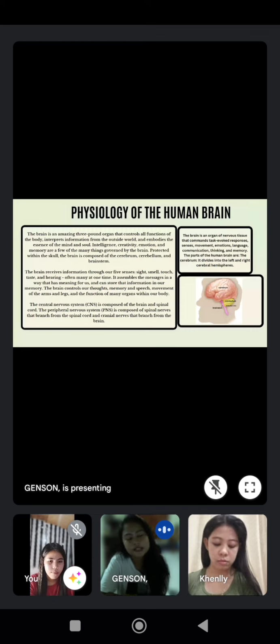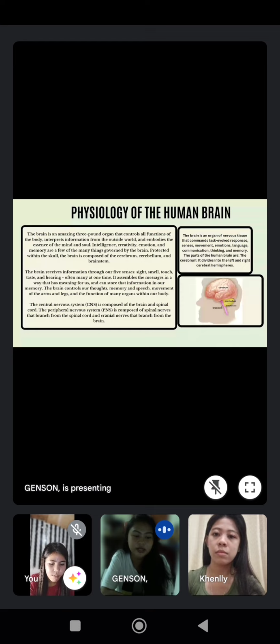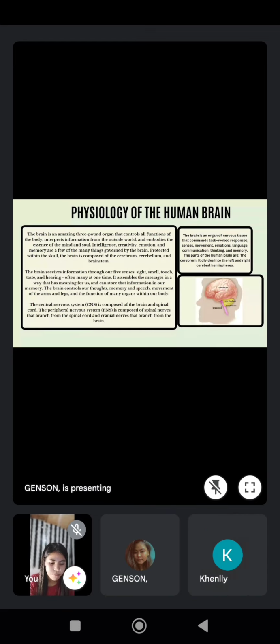The brain receives information through our five senses: sight, smell, touch, taste, and hearing, often many at one time. It assembles the messages in a way that has meaning for us and can store that information in our memory. The brain controls the function of many organs within our body.